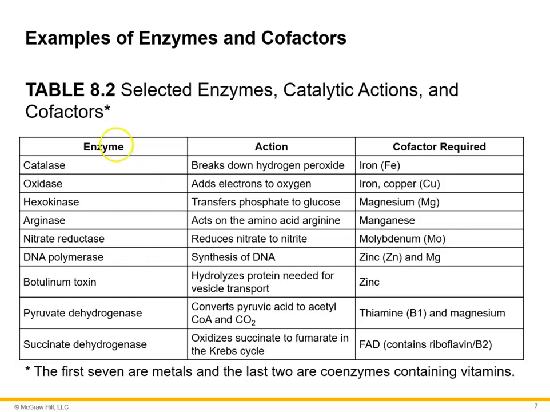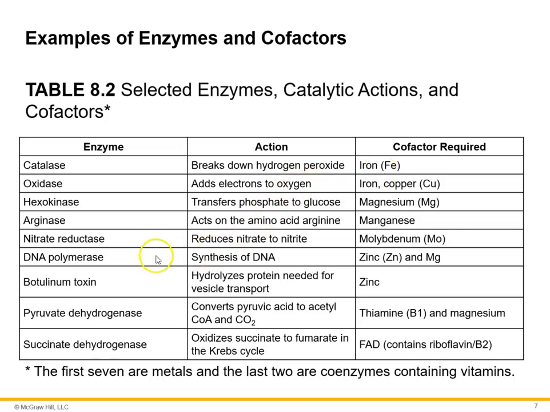This chart just gives some example enzymes and what their functions are. For example, catalase. I want you to be familiar with that one in this course because it's one of the biochemical tests that we do on the microorganisms. It breaks down hydrogen peroxide into water and oxygen. The cofactor required there is iron.